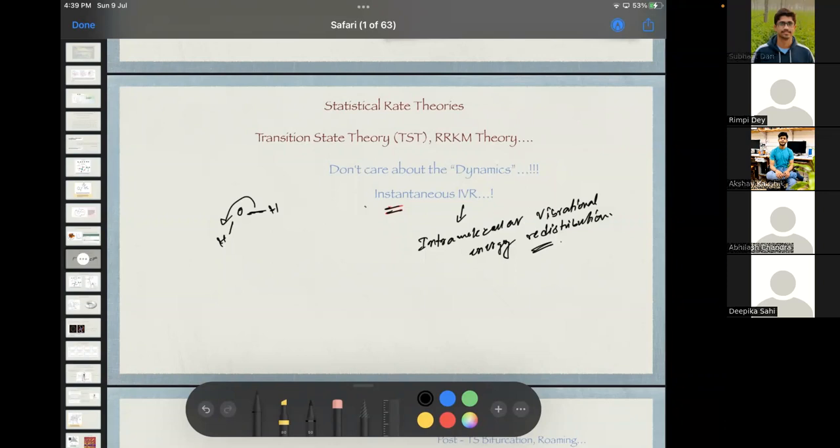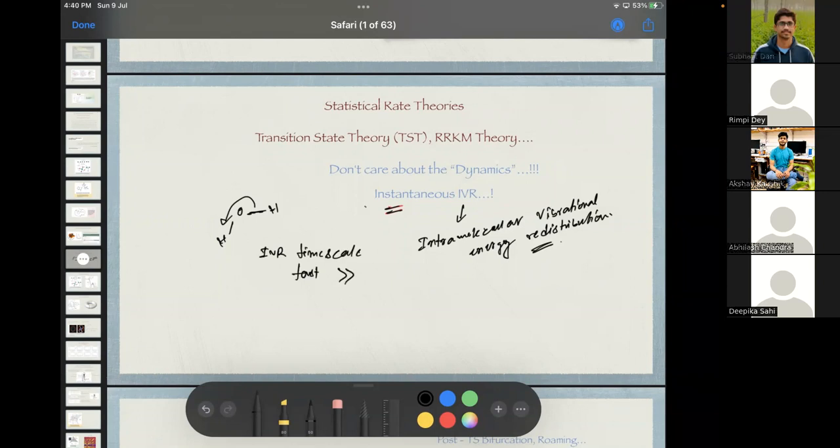That means the time scale of energy redistribution is very fast compared to any typical reaction time scale.